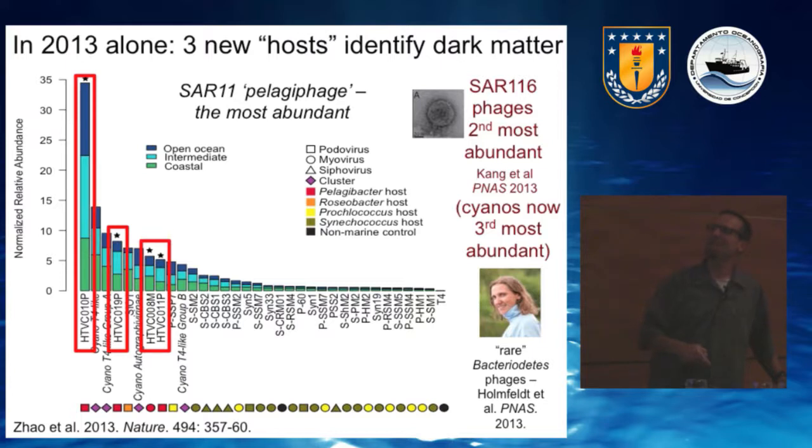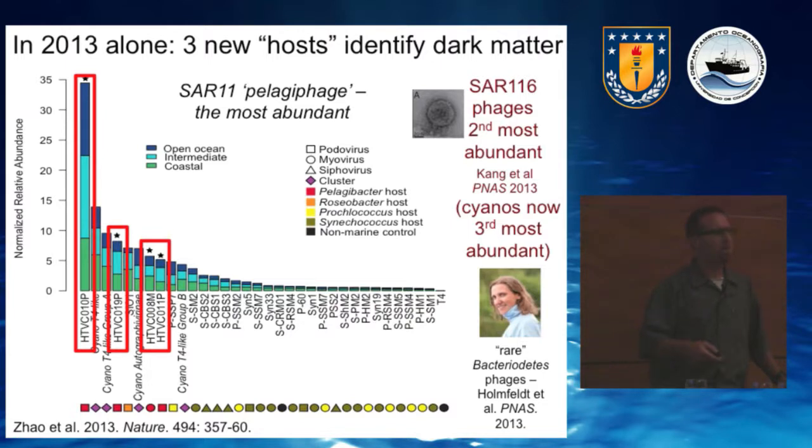That's okay. And then my postdoc, in light of Carlos's talk earlier, my postdoc Karin Holmfeldt, who's now got her own position in Sweden, had isolated Bacteroidetes phages and found that they're representatives of what we call the rare virosphere. So she's seeing viruses which are ubiquitous. We can find them in almost any virome, but they are not very abundant anywhere.